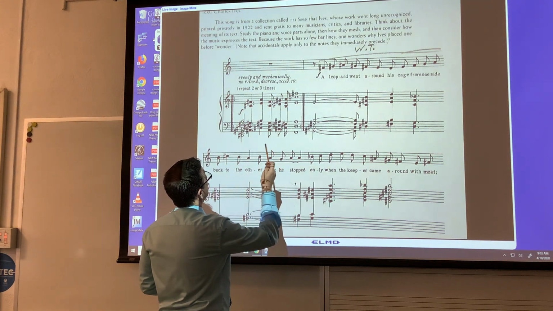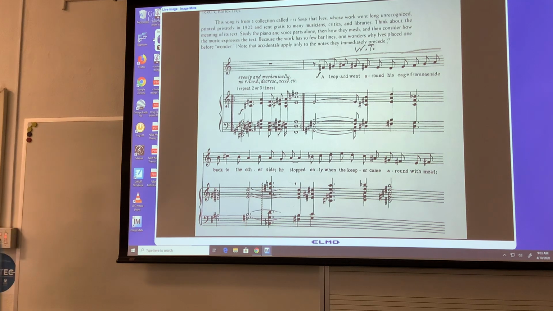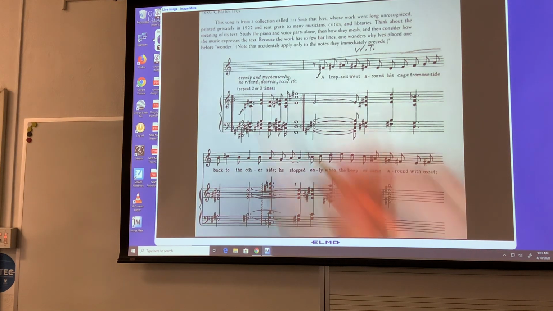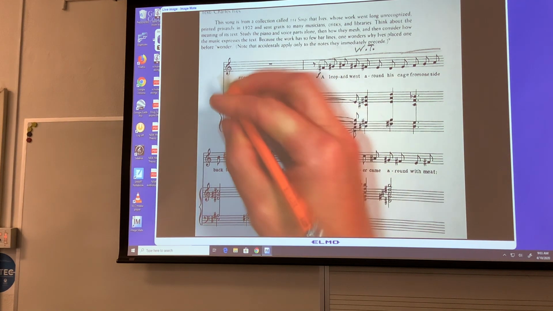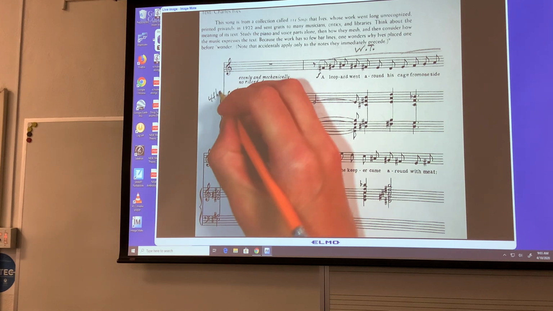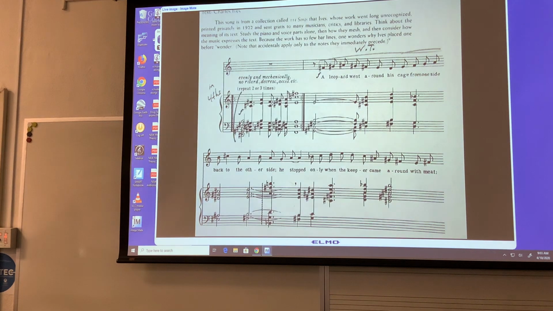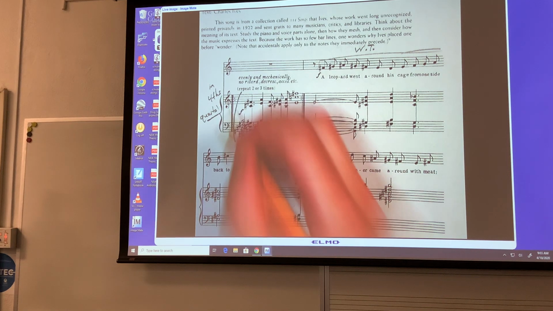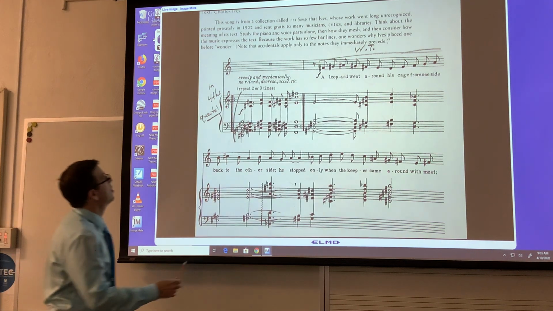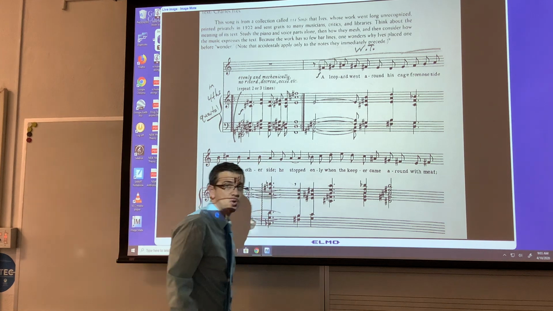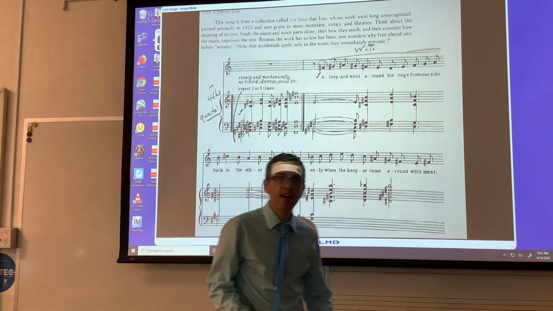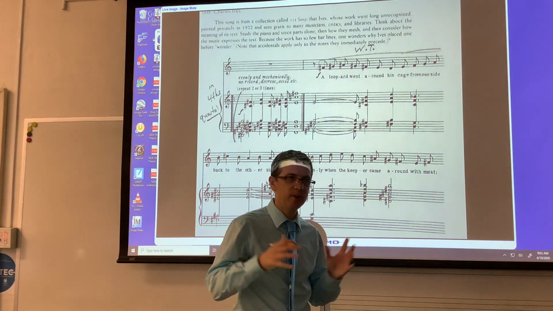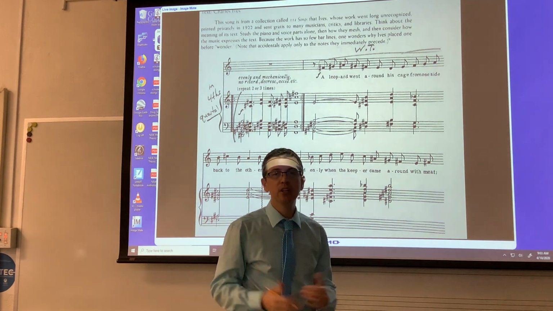Let's take a look at the harmonies. You'll notice that the harmonies are stacked in fourths. So you have that more open, big sound.